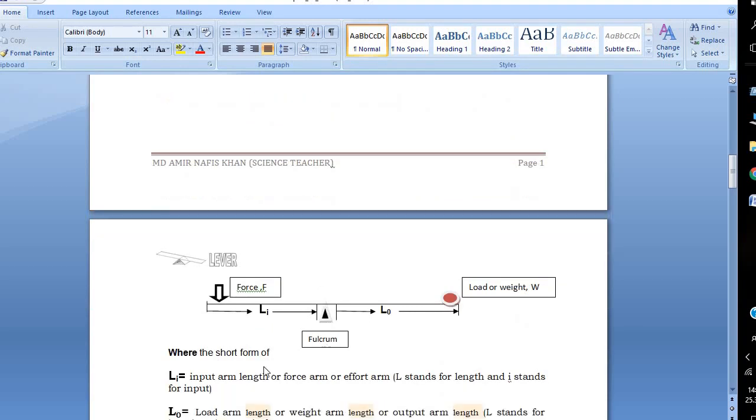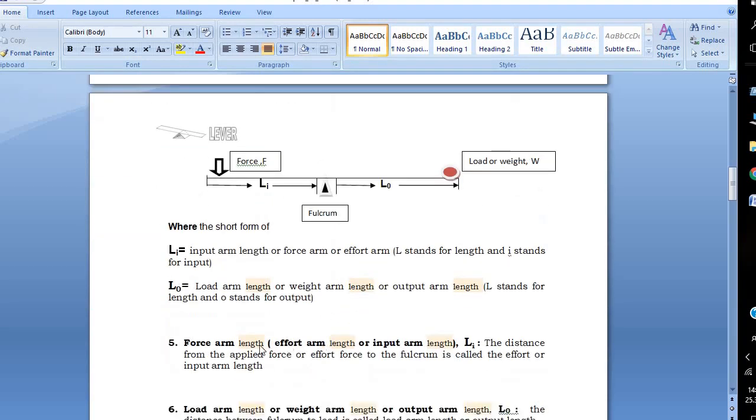Number 5, the force arm length, is very important. You see the picture: this is the fulcrum, and there is a force and a load. It is a very simple lever. The force arm length, or effort arm length, or you can say the input arm length, is the distance between the fulcrum and the force.